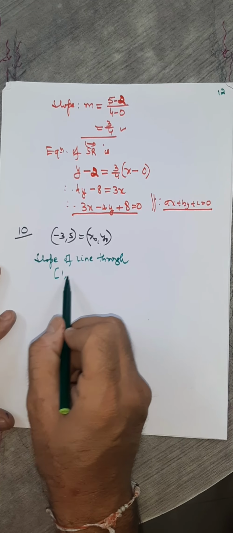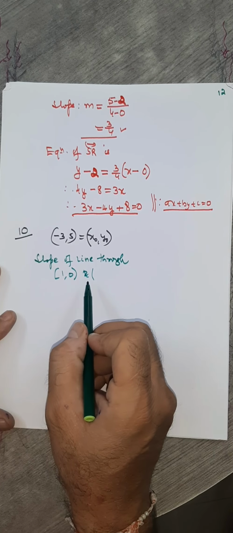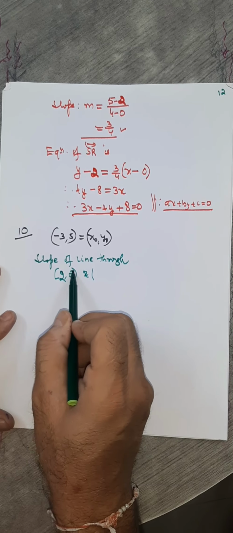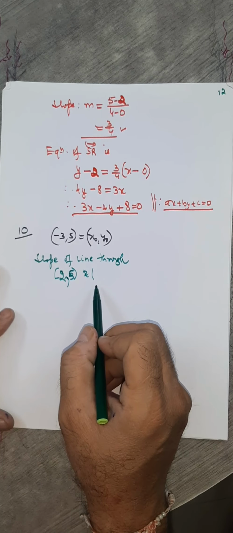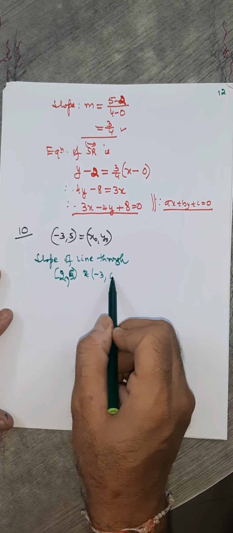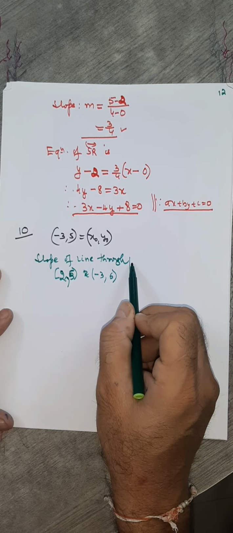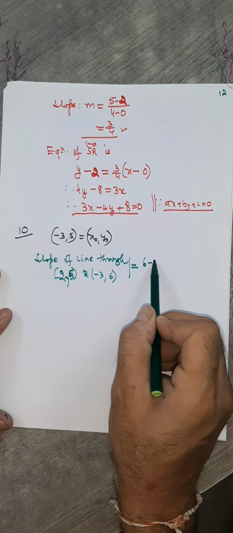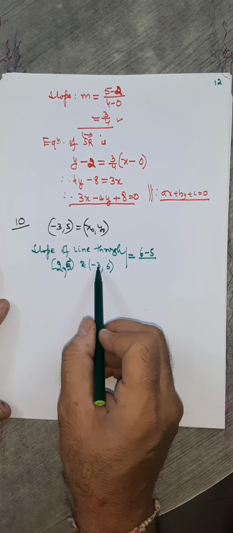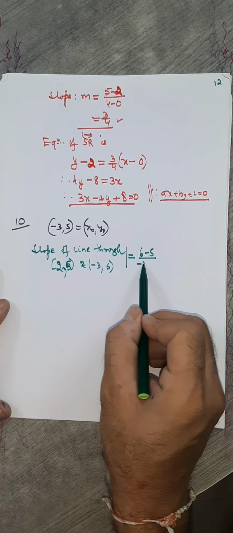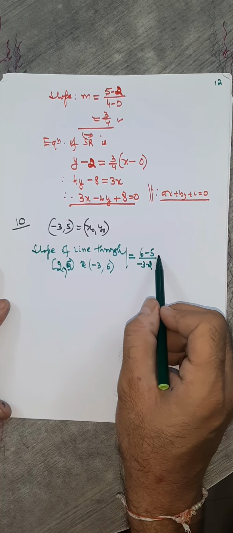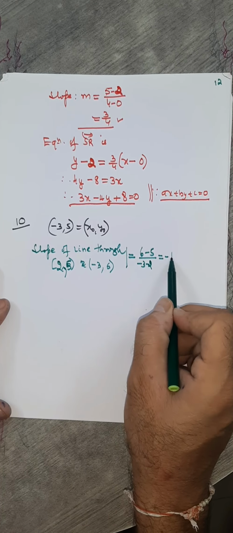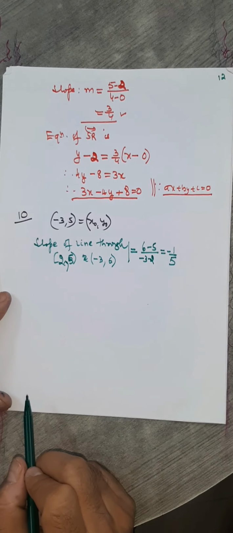Given 2 points: 2, 5 and minus 3, 6. So what is this slope? Equals y2 minus y1, that is 6 minus 5, upon x2 minus x1, minus 3 minus 2. So this is just 1 upon minus 5, minus 1 by 5.